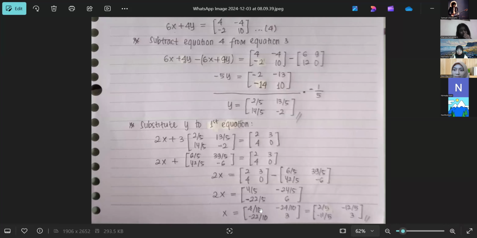And we simplified the matrix, and we got the value of x is 2 over 5, negative 12 over 5, negative 11 over 5, and then 3. Is my answer correct? Yes, they all are correct.